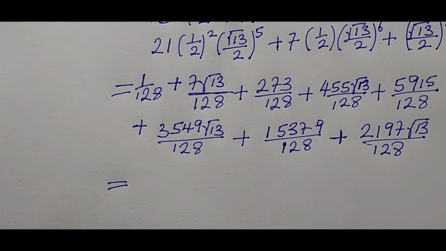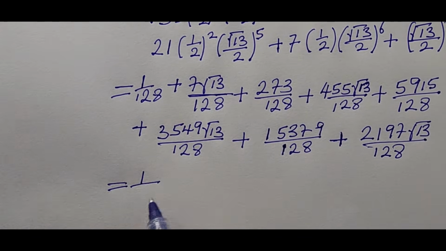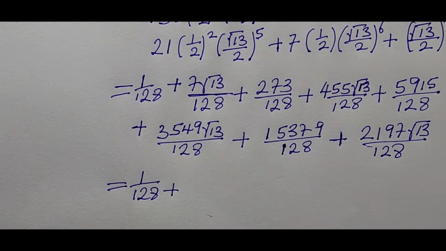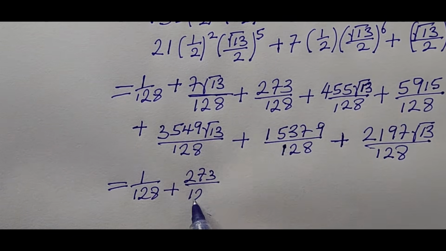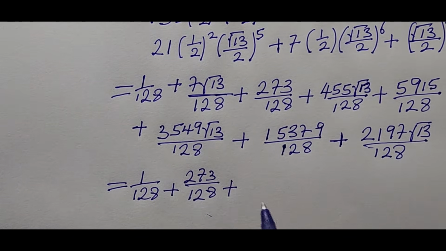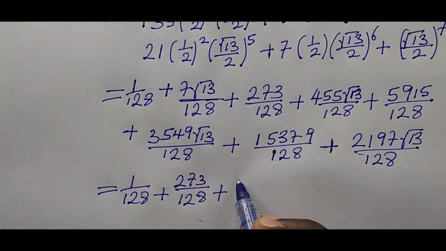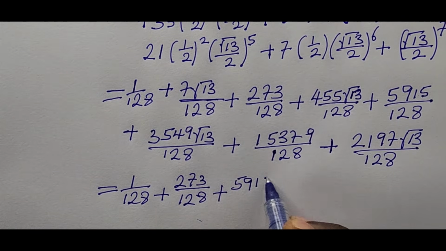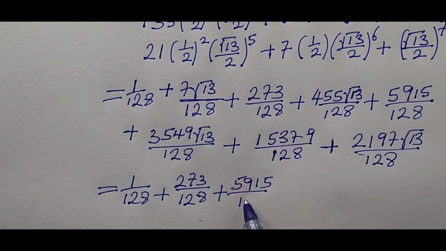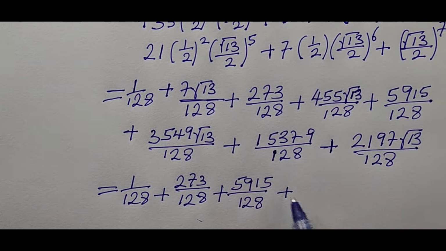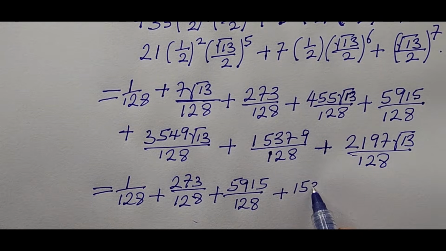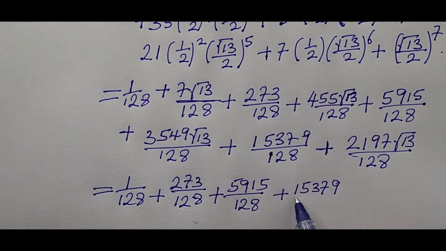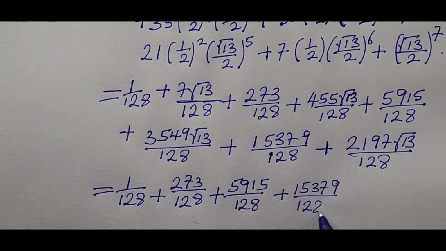We're going to have the first one, which is 1 all over 128, plus the next one, 273 all over 128, plus 5915 all over 128, then plus the next one, 15379 all over 128.